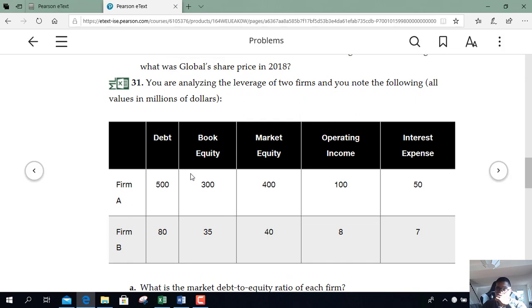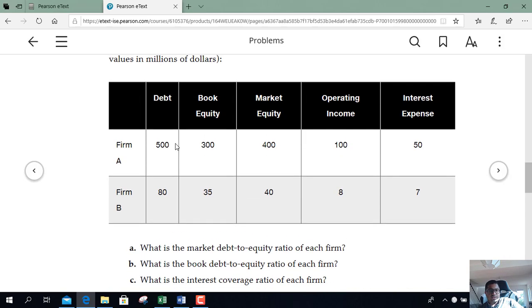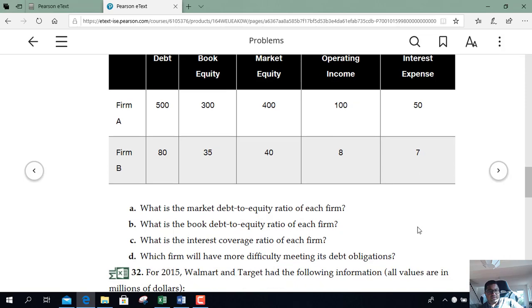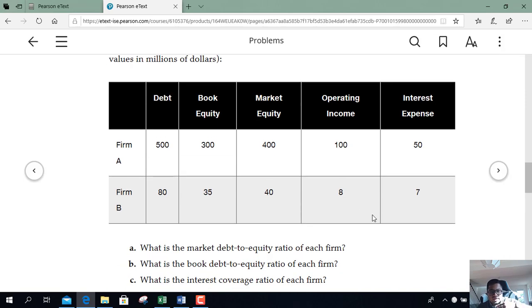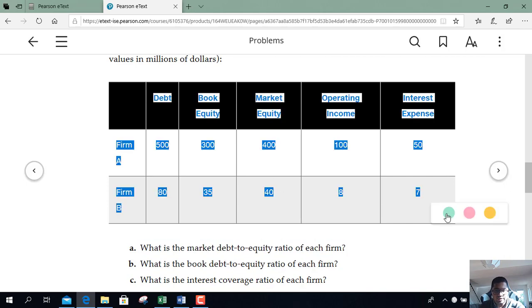The next one is 31. You're analyzing leverage of two firms and you note the following values. So for firm 1, debt is given, book value of equity is given, market value of equity is given, operating income is given, interest expense is given. So I'll just copy this, because it's in a table, it will be easy.